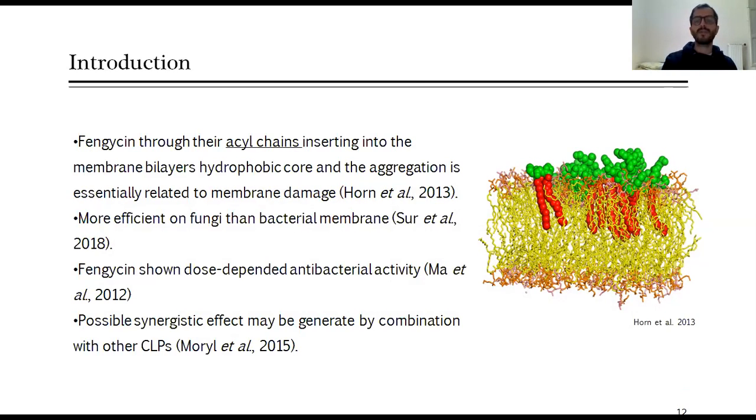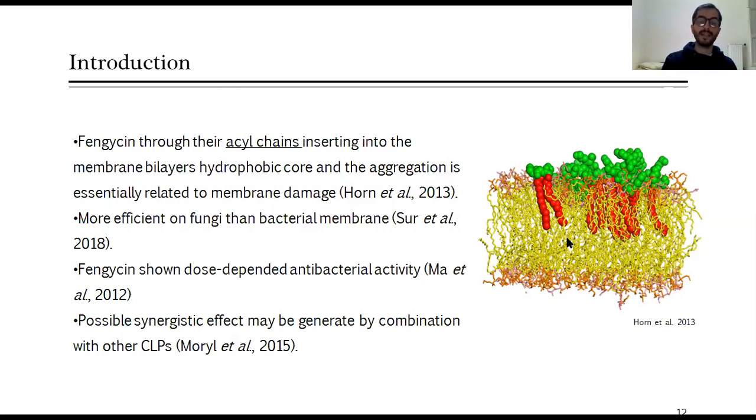The action of fengycin on the bacterial membrane is determined by the hydrophobicity represented by the fatty acid chain, which is attracted by the hydrophobic core of the membrane bilayer.